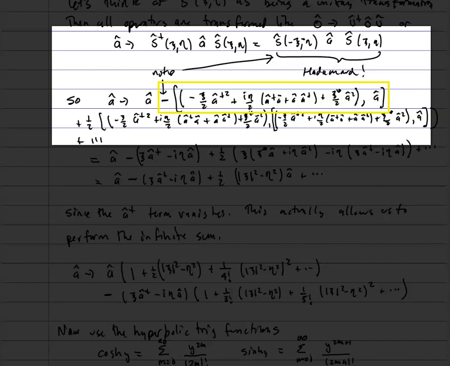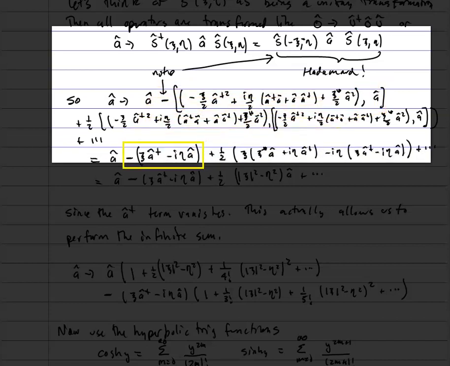And we know what the commutator of a dagger with a is. It's just minus 1. So using our Leibniz rule, we can calculate that first commutator, and we find it is equal to ξ a dagger minus i η a, and then there's an overall minus sign because that Hadamard had a minus sign out in front that was multiplying the exponent of the squeezing operator.